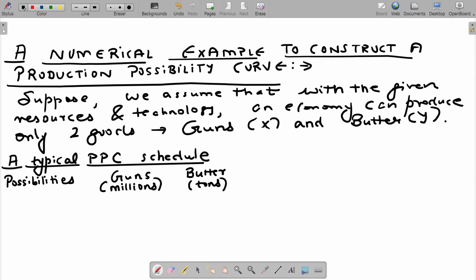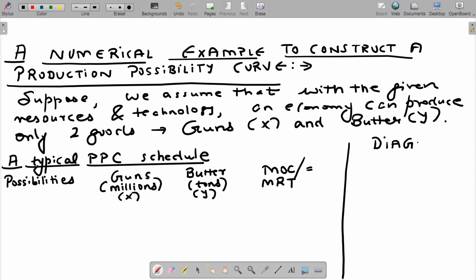Guns is good X, butter is good Y. Then I also calculate something called marginal opportunity cost, or the marginal rate of transformation. MRT stands for the marginal rate of transformation. The formula is what you are sacrificing over what you are gaining. And then we draw a small diagram here just to help students visualize the concept.